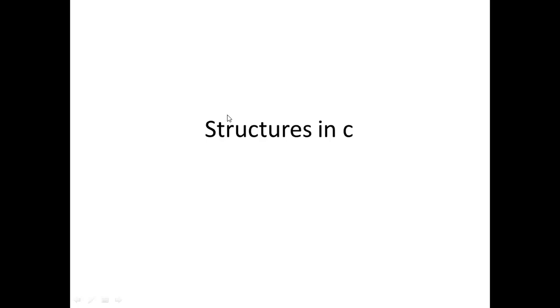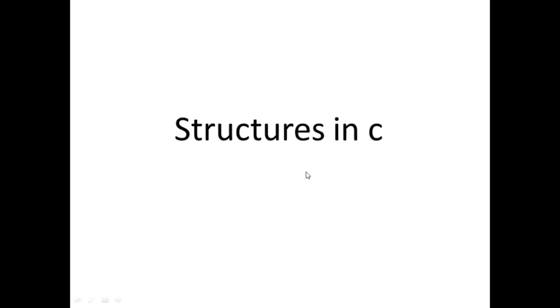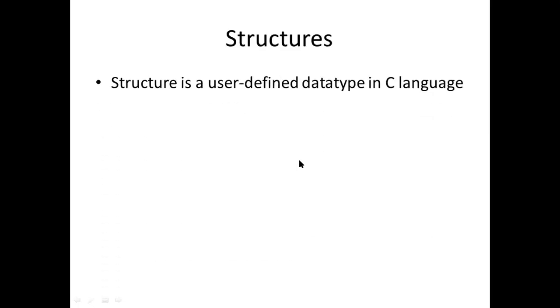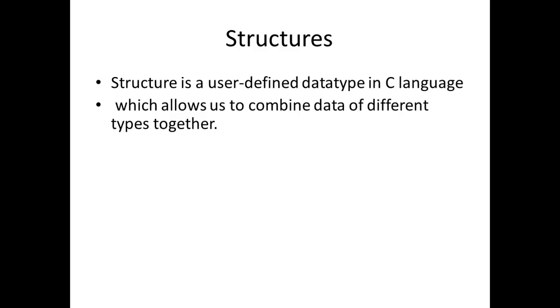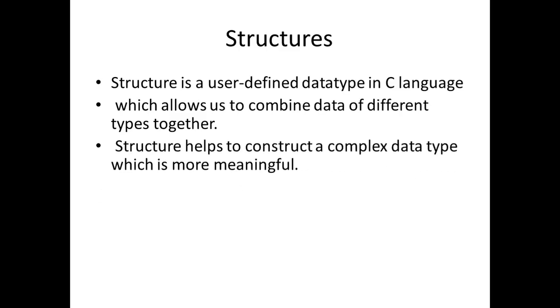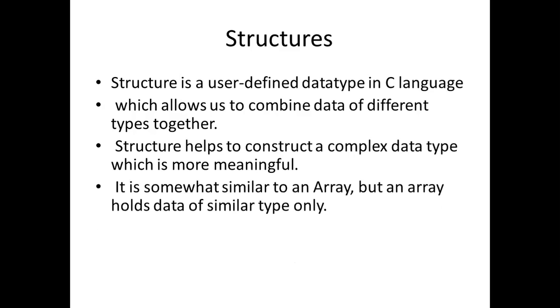So we are going to use structures. A structure is a user-defined data type in C language, which allows us to combine data of different types together. Structures help us construct a complex data type which is more meaningful.